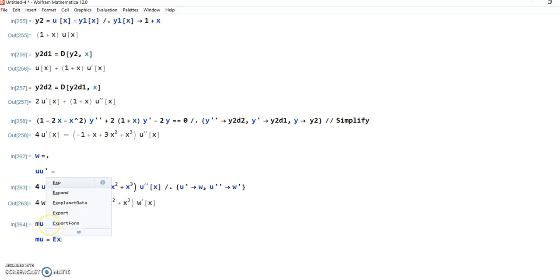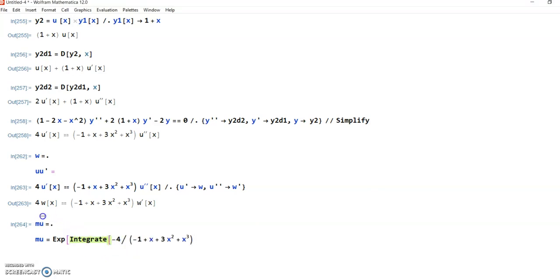So it will be the exponent of the integral. What will be the function? It will be 4 divided by this value, so paste it.